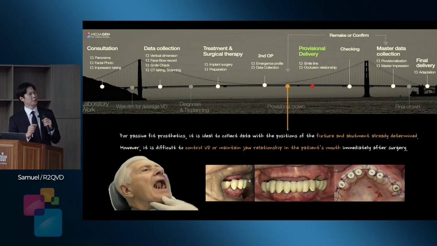However, it is difficult to control the vertical dimension, right? After surgery, there is so much bleeding and patient pain. So using that one, it is very hard to check the vertical dimension and anterior position. But using the dental avatar, we can easily solve this.